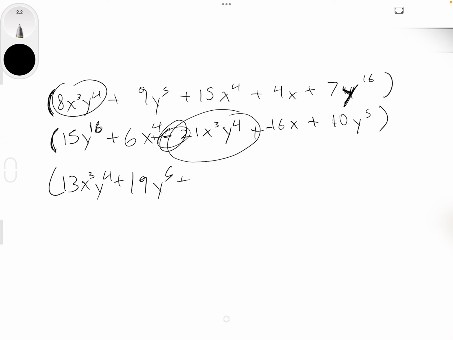Okay, and then next 15x to the 4th plus 6x to the 4th, which would be 21x to the 4th. And then 4x, and then that would be negative 16x. So we add 4 and negative 16, which would be negative 12x.